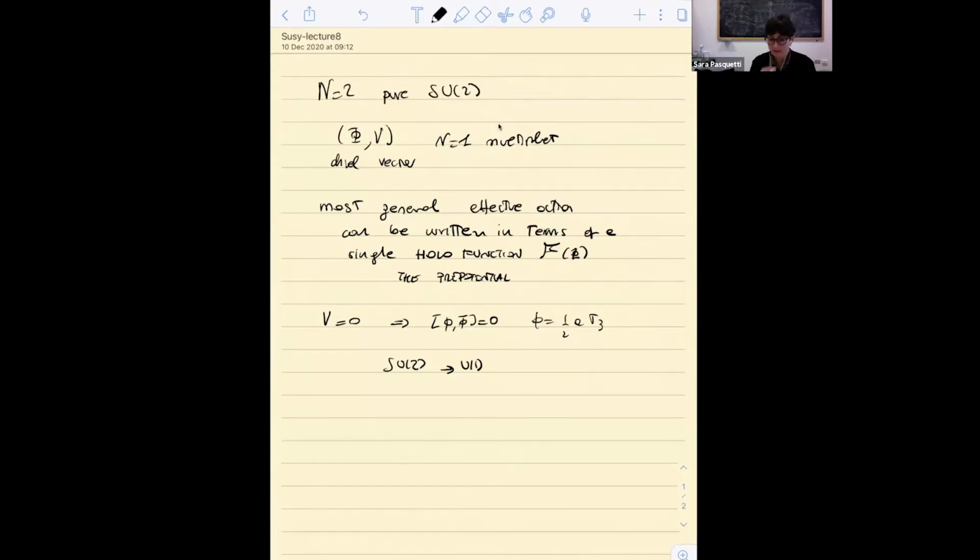And we would like to understand what happens at the quantum level as we move in the moduli space of vacua. So first of all, we define a coordinate u, which is the trace of phi squared, as the coordinate on the moduli space.